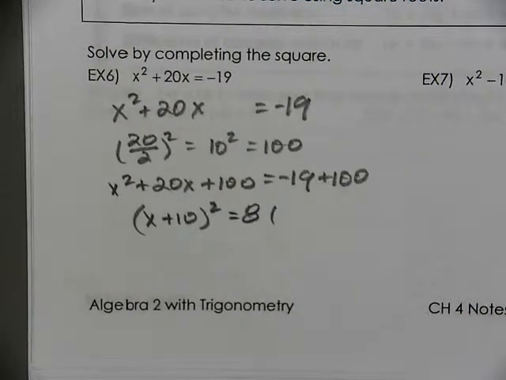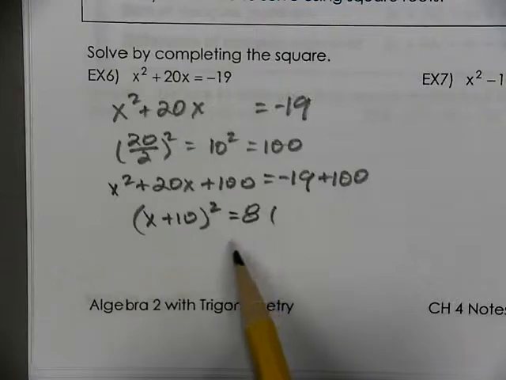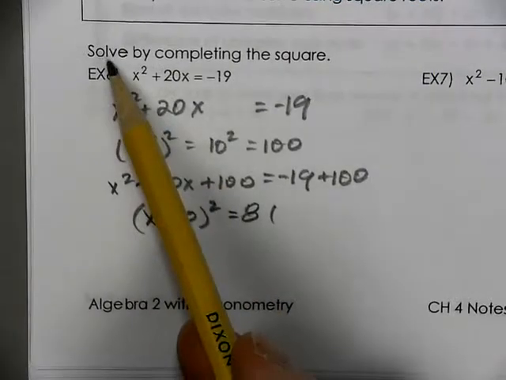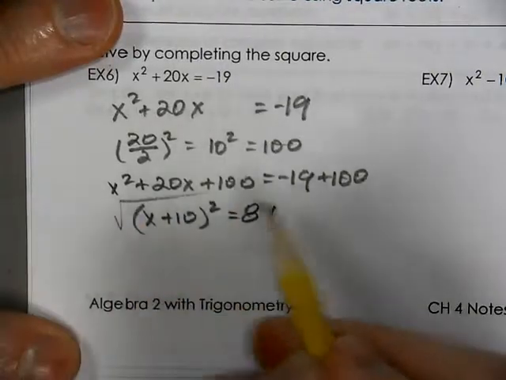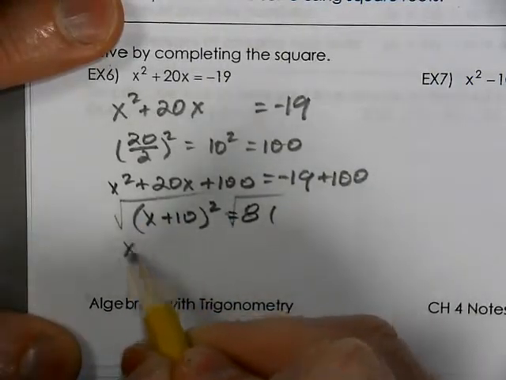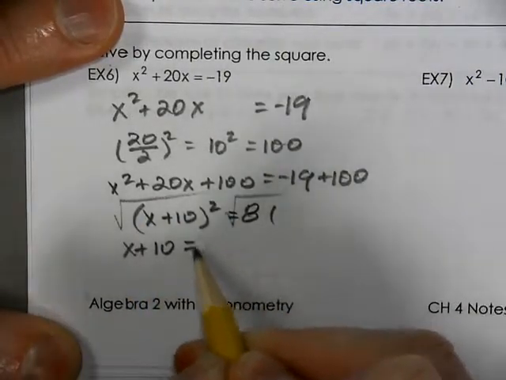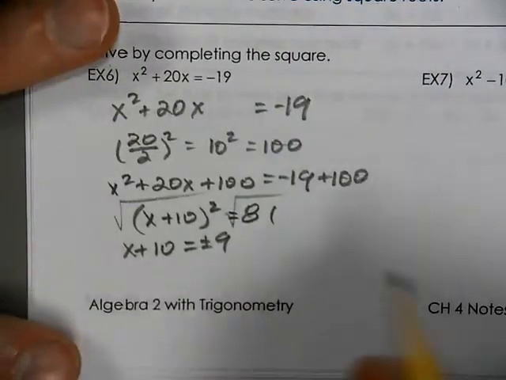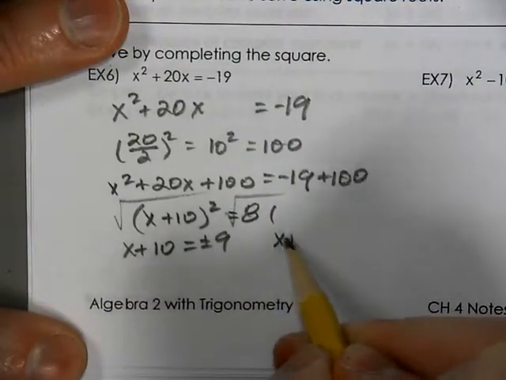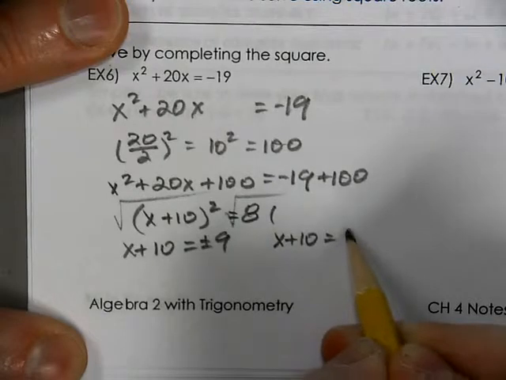Now, if we were writing this in vertex form, we could subtract the 81, but because we're solving, we're going to take the square root and get x plus 10 equals plus or minus 9, and then we need to write this out in two equations.